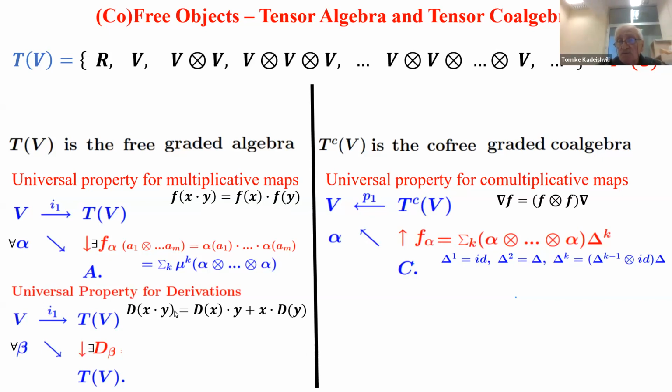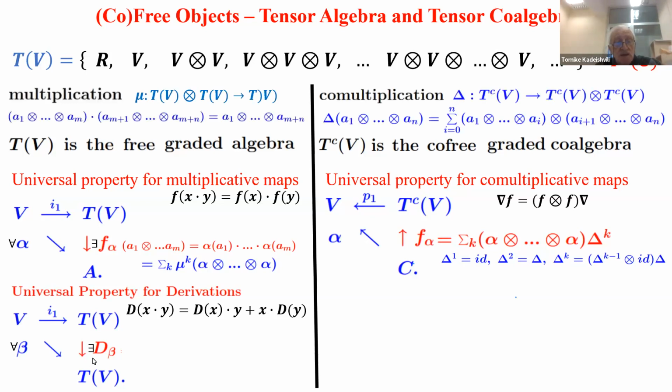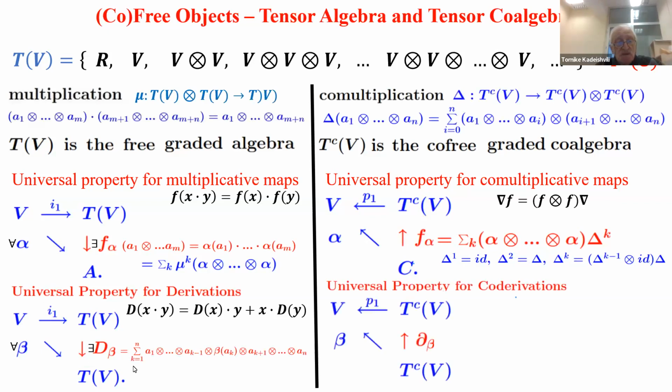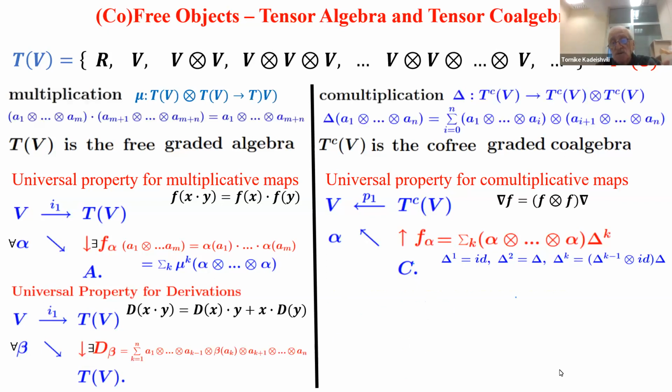What Newton and Leibniz wanted: the derivative of a product xy is dx times y plus x times dy. And there is a standard way, when a derivative is given on generators, to continue it to the whole TV as an algebra map, and the same story for the dual.